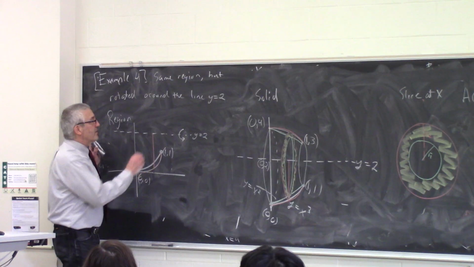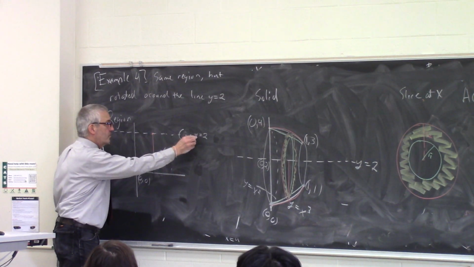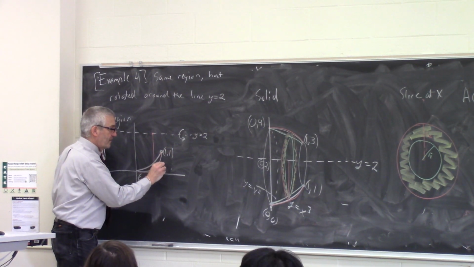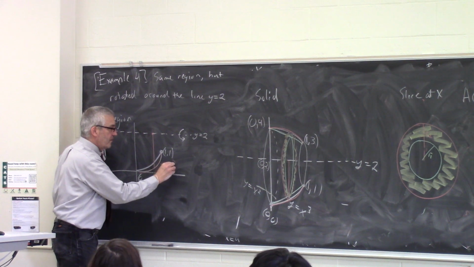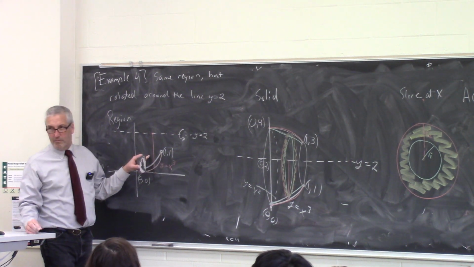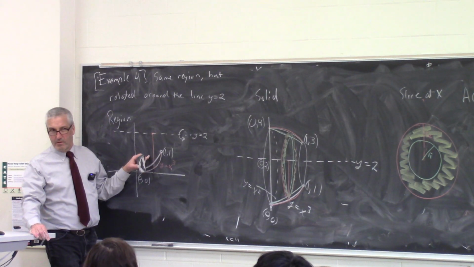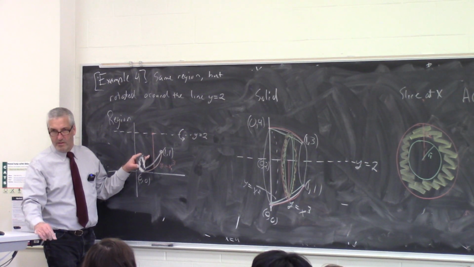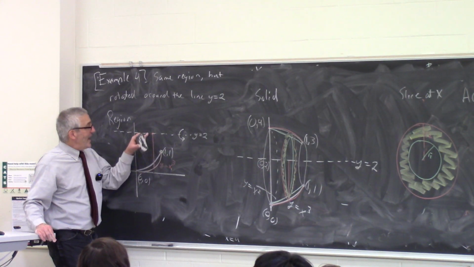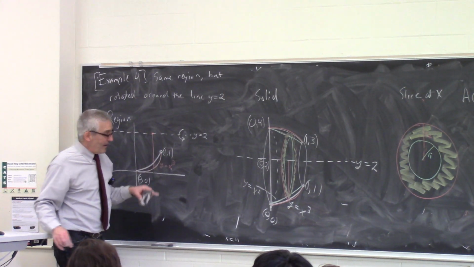Top of the red segment touches the line y equals 2. The bottom of the segment touches the line y equals x cubed. So what's the length of that segment? Yeah, exactly. It's that height minus that height.